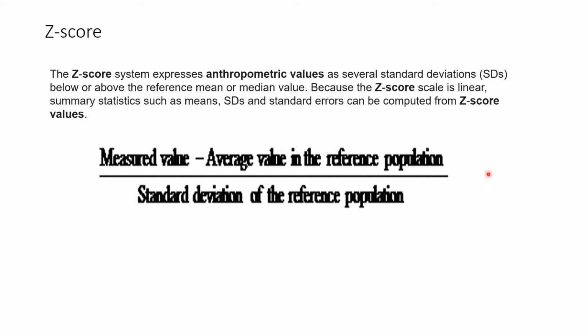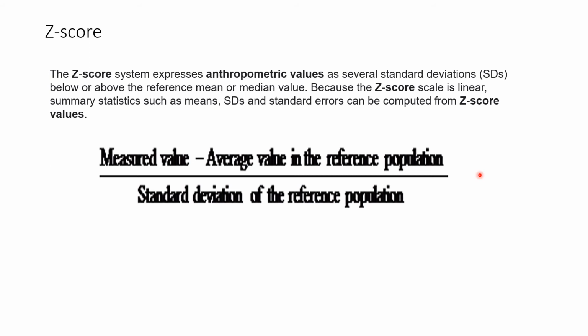Every time we are not calculating the Z-score values; it is already a ready table. We get the ready table only. The only thing is we have to see where the weight falls.